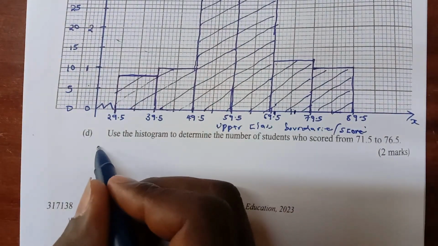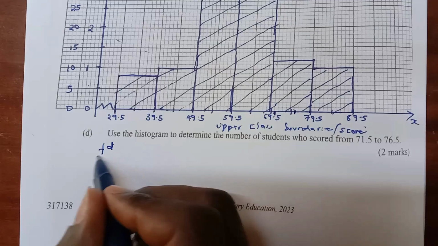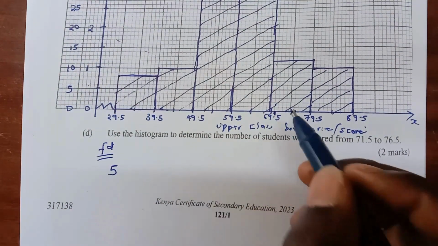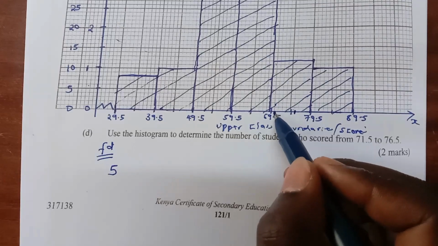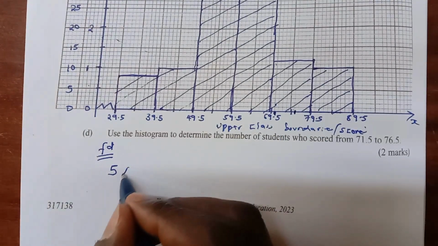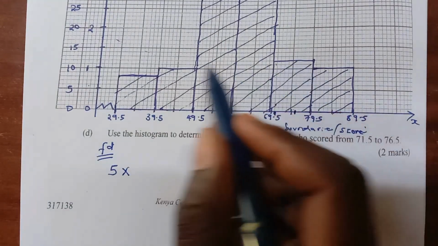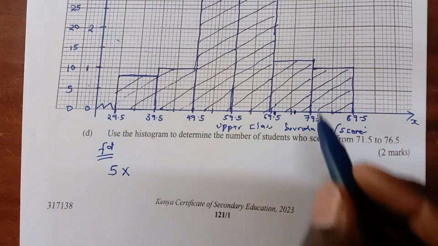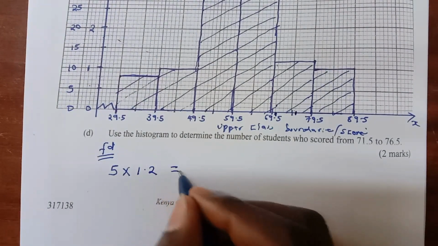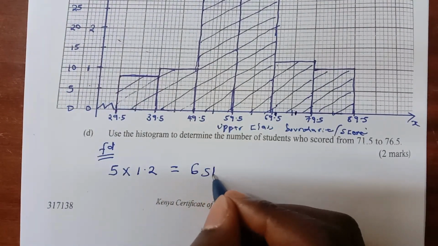So for the person who used frequency density, you are going to take 5 small squares, that is from 71.5 to 76.5, 5 times the frequency density of that particular bar, which is 1.2, and this one is going to give us 6 students.